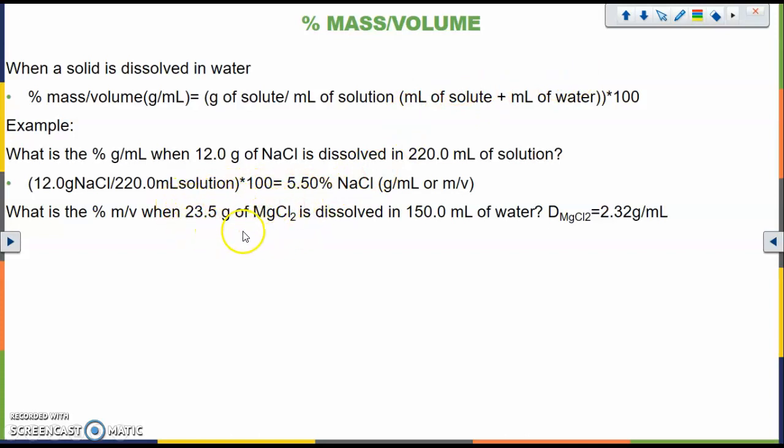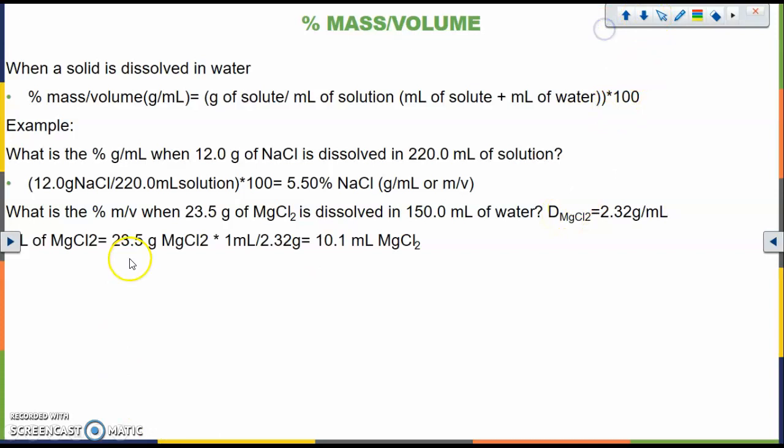So we need to convert this grams of magnesium chloride into milliliters of magnesium chloride by using density, which I gave to you in this example. Again, just as a hint, if I give you a density, more than likely 99.9%, you will be using that number at least once during the mathematics.